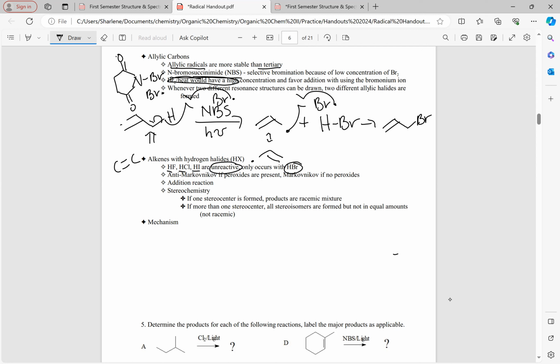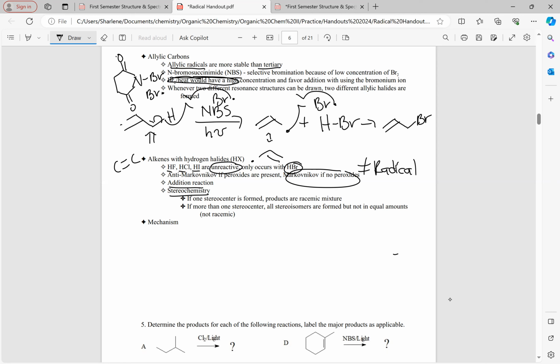We are going to get the anti-Markovnikov product if peroxides are present, and we're going to get the Markovnikov product if there are none. Okay, so this is just plain old addition. That's not radical chemistry. That's what we learned before. It is an addition. And if there is stereochemistry involved, if one stereocenter is formed, products are mixtures. And if more than one stereocenter, you get them all, but it's not a racemic mix.